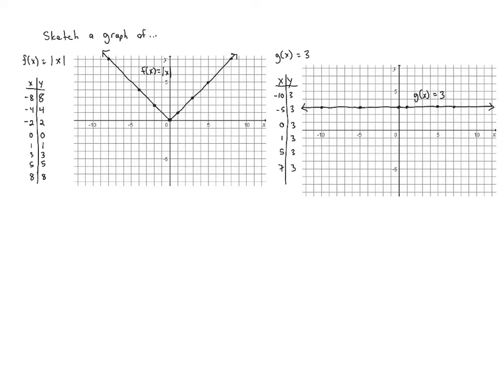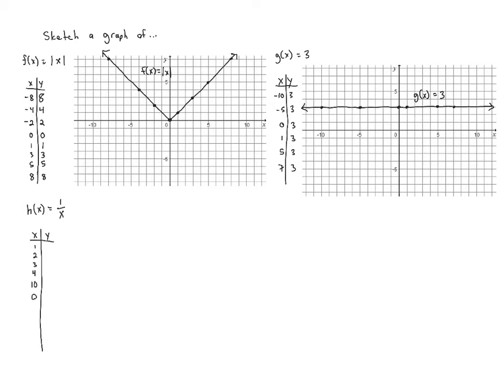This is going to have a little bit more complexity than we've seen before. H of x equals 1 over x. All right. So let's pick some x values. I am going to pick 1, 2, 3, 4, and 10.